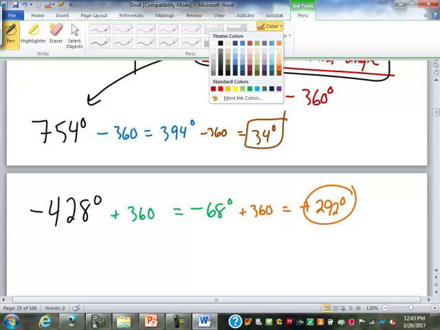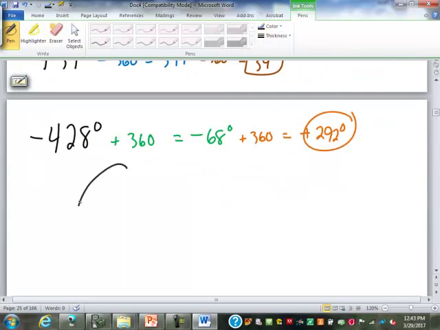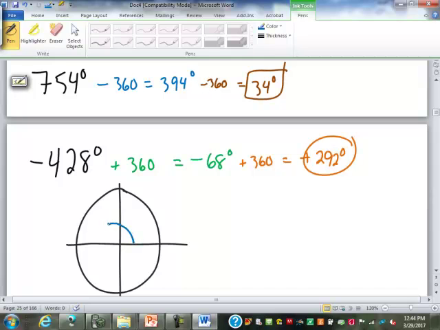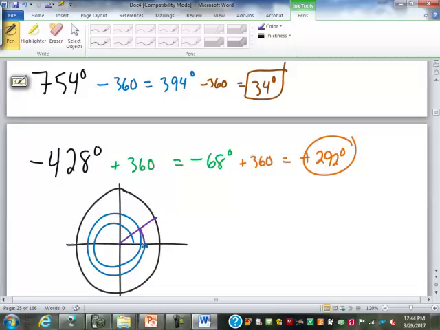The other way you could look at these is to look at it as having your circle here. Like the 754. Here I am. I got 0. There's 360. 720. How much is left? Well, another 34 degrees gets me to my terminal spot. Or I could go, okay, negative 360.